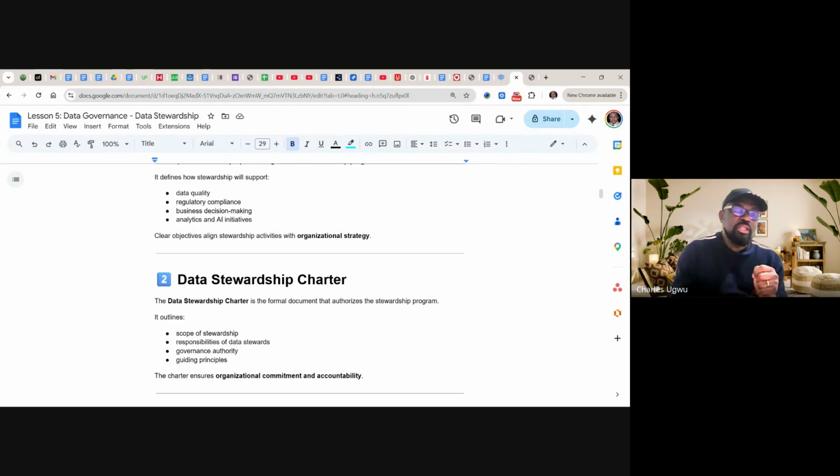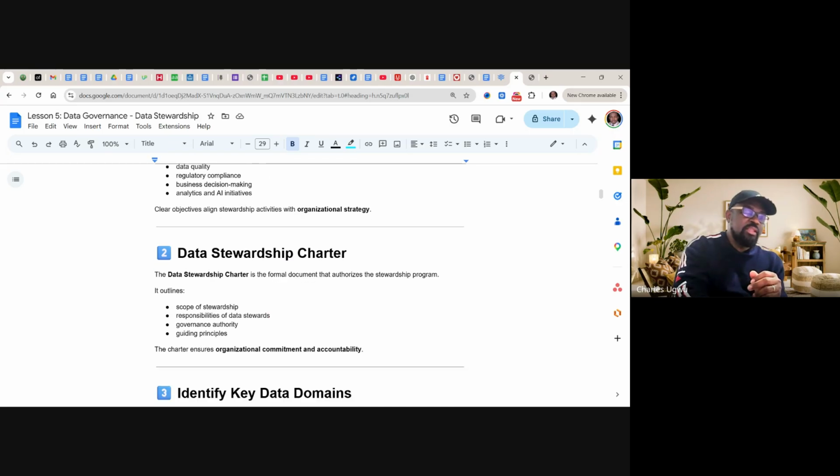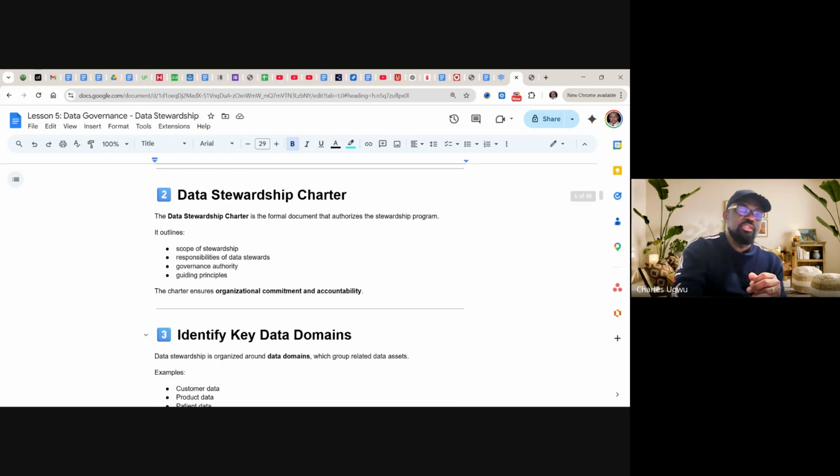Whenever we talk about a charter, I want you to think about authority. Charter is authorization. Anything a charter is authorizing, it is giving you power. So this charter authorizes the stewardship program. Even if you are hiring a data steward, this charter has given you authority to do anything that you need to do.